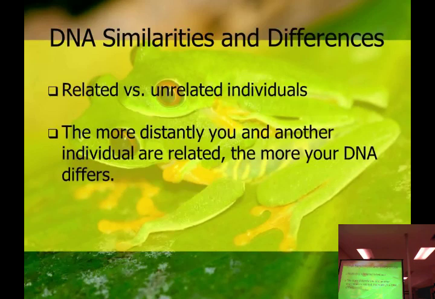And so we can actually figure out how related we are to other organisms. Like, we know that we are very similar in DNA similarity to the chimpanzees and to other primates. And the more distantly you and another individual are related, the more different types of DNA that you're going to have.